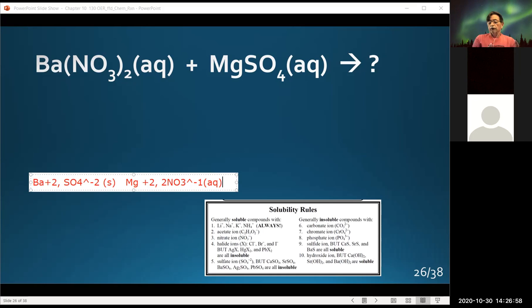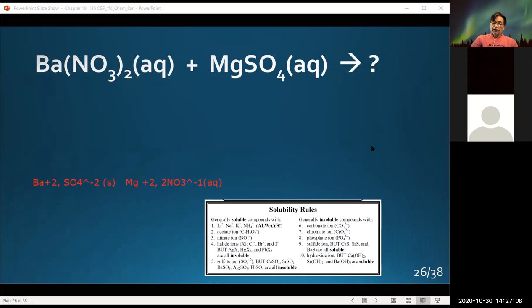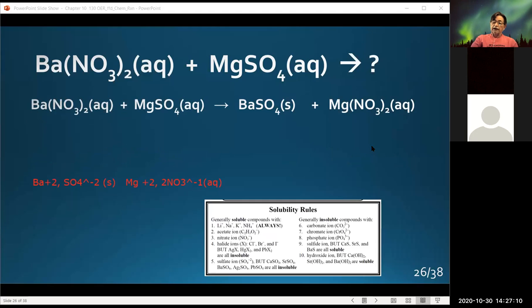And already I know that I have a positive reaction because the barium sulfate is insoluble. Okay, so I've got all that information before I even write the equation out, and I can write the equation out with that information.